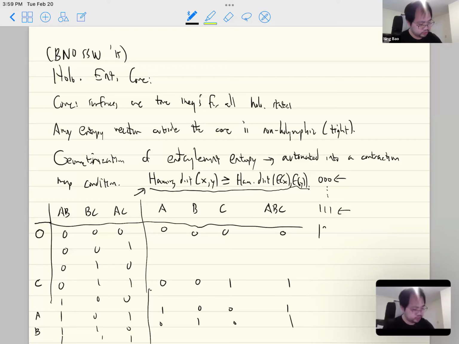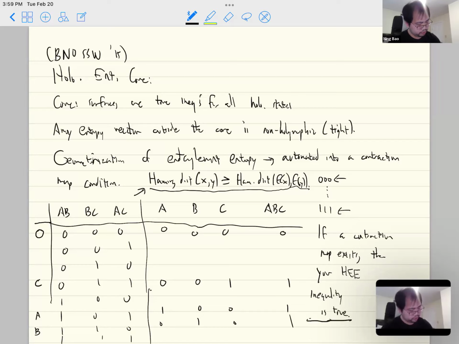And if you can, then your holographic entanglement entropy inequality is true. So this is the main theorem from the holographic entropy cone paper. So we can construct this geometric thing into this contraction map method and thus computerize it.